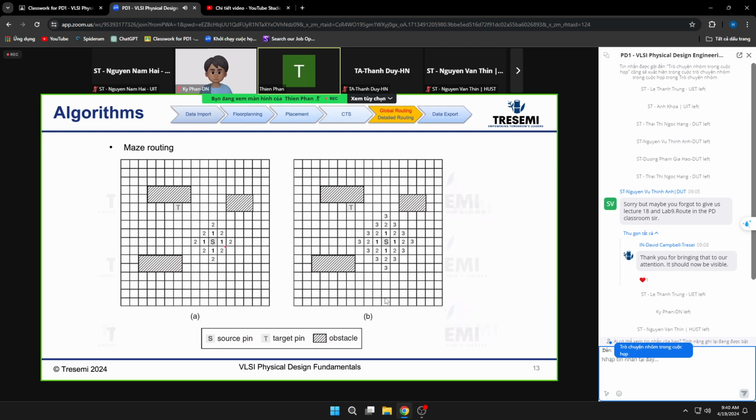You look at the source S, and the first wave is the boxes right next to the source. In this case, there are 4 boxes around the source, so we indicate the first step by writing all these 1s here.